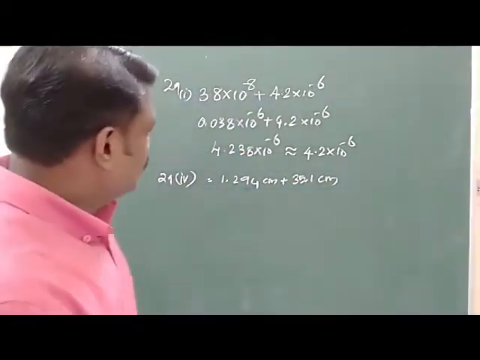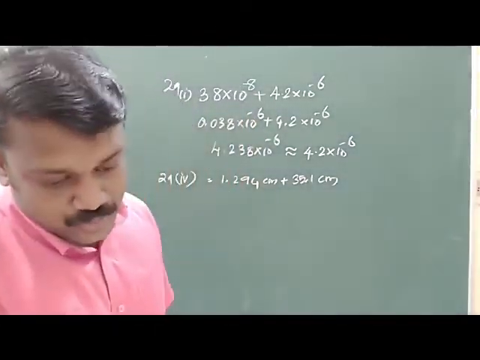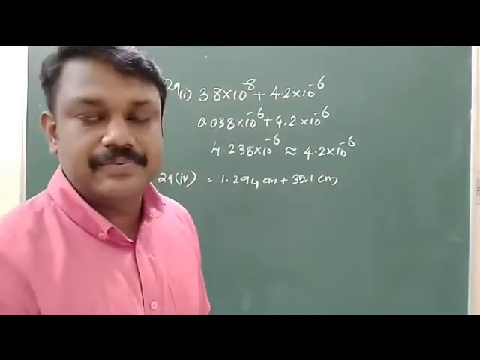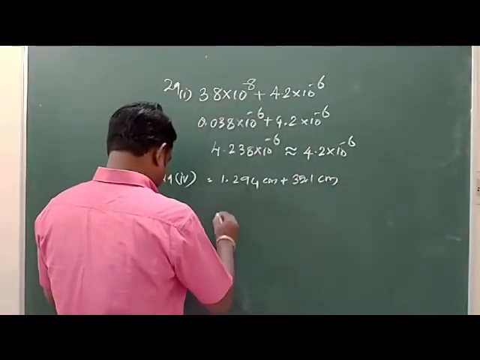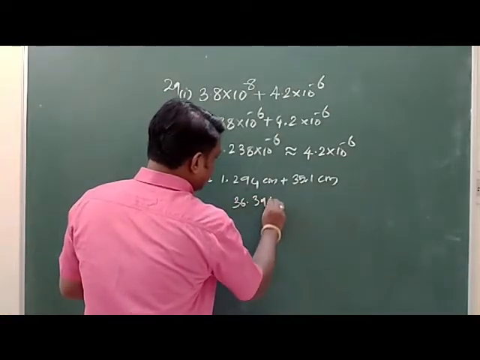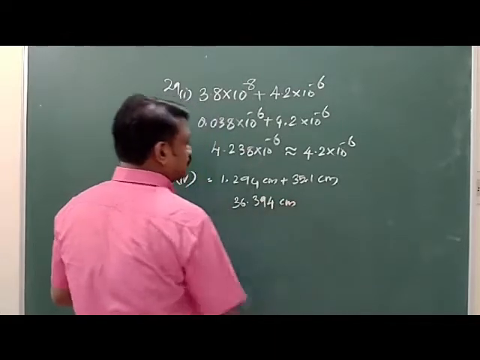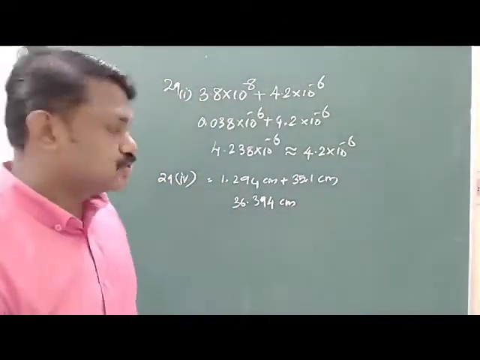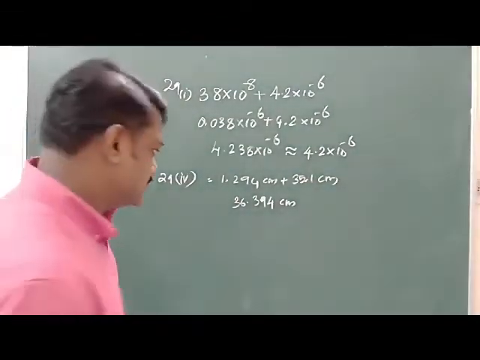In the first one, 4 are there, in the second one, 3 are there. So the answer should contain 3 significant figures. When you add these two, you get 36.394 centimeter, and 3 significant figures should be there in the answer.